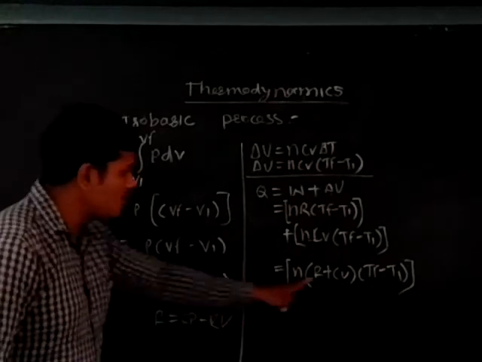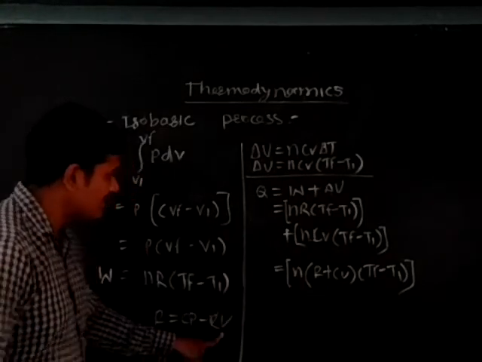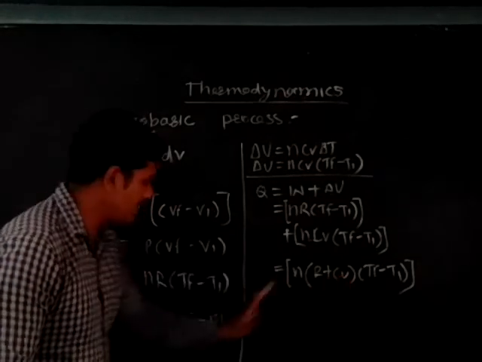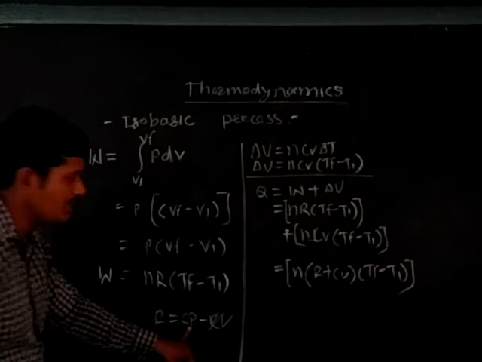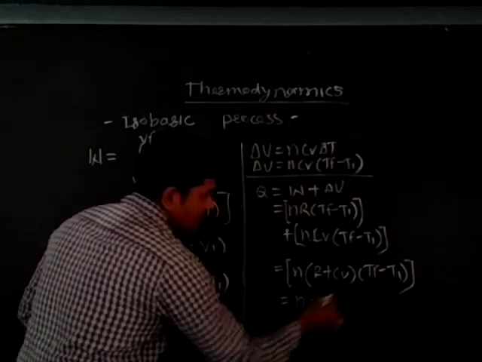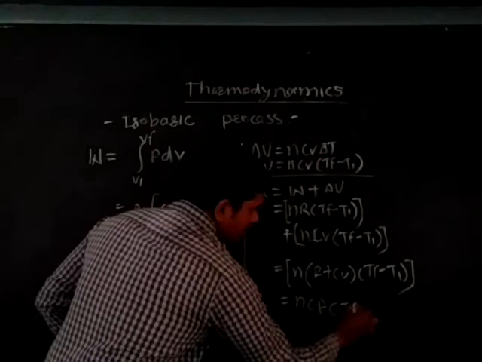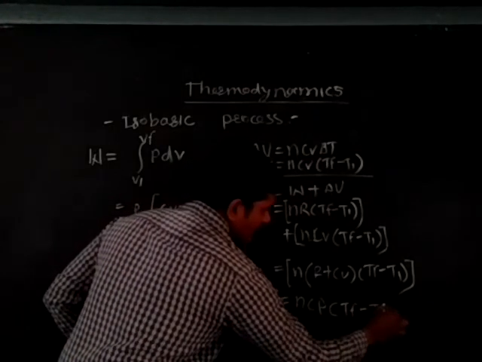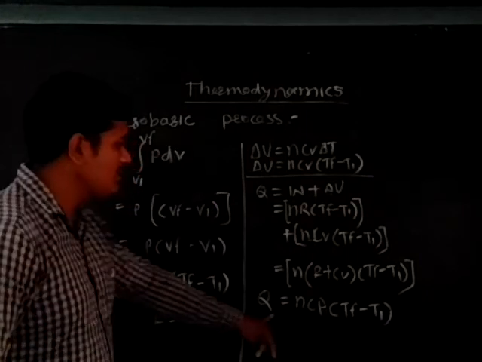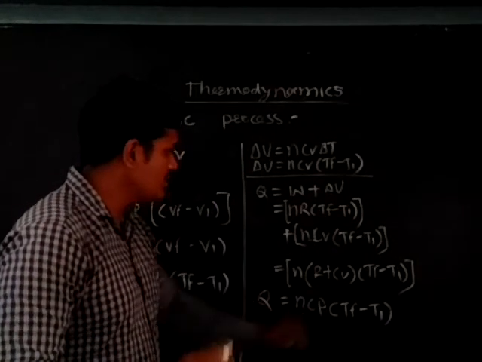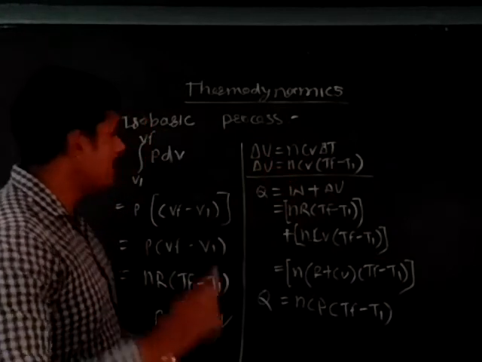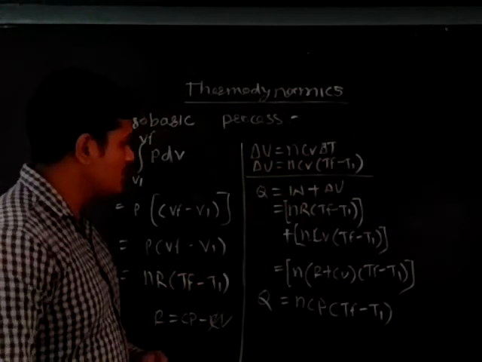Okay, if you put the value of R as Cp minus Cv, then this minus Cv and this plus Cv get cancelled. So the remaining term will be only Cp. So I can write n Cp (Tf minus Ti). Okay, so this is the value of Q, and this is the expression for the isobaric process.